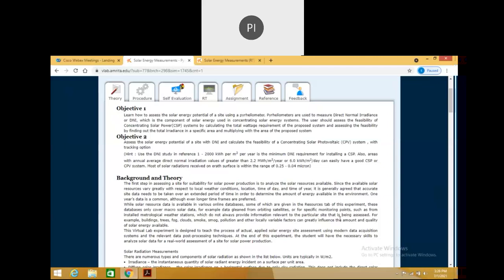One year's data is common, although longer time frames are preferred. One year's data is also sufficient.